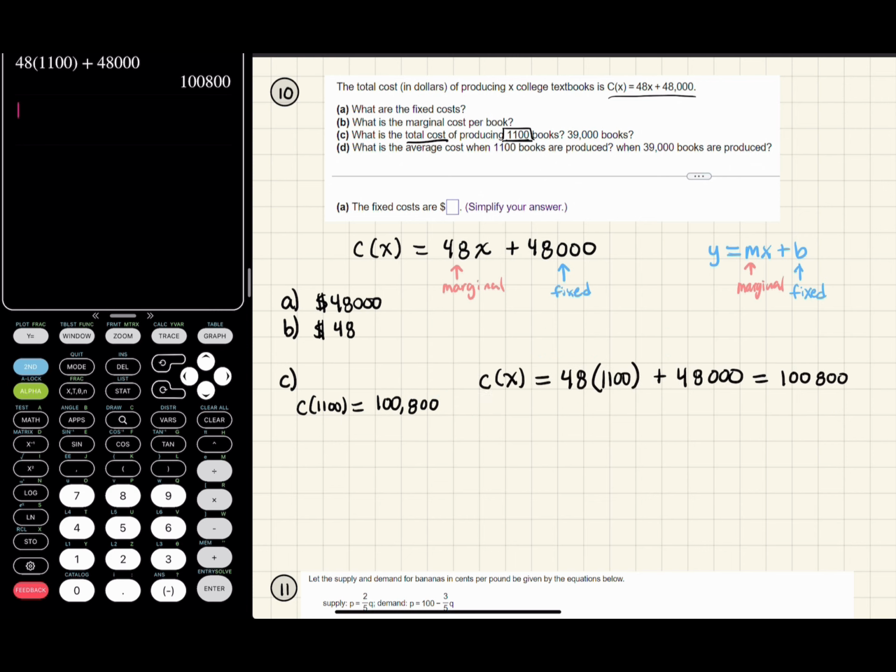Alrighty. Now we'll find for 39,000 books the cost to produce 39,000.